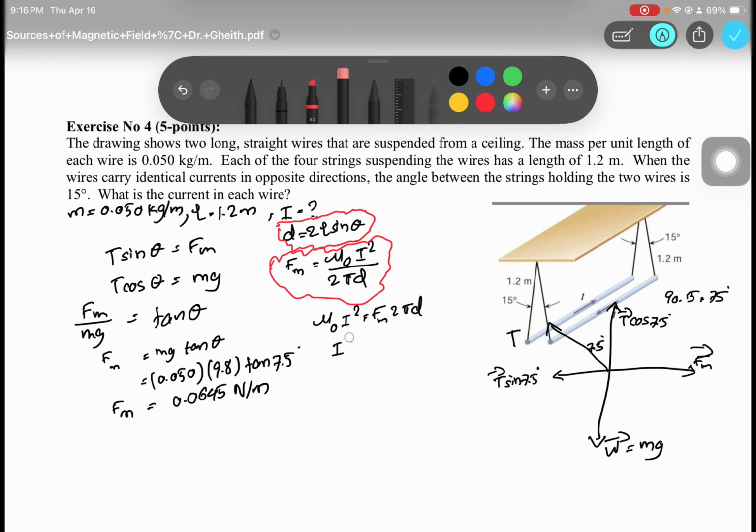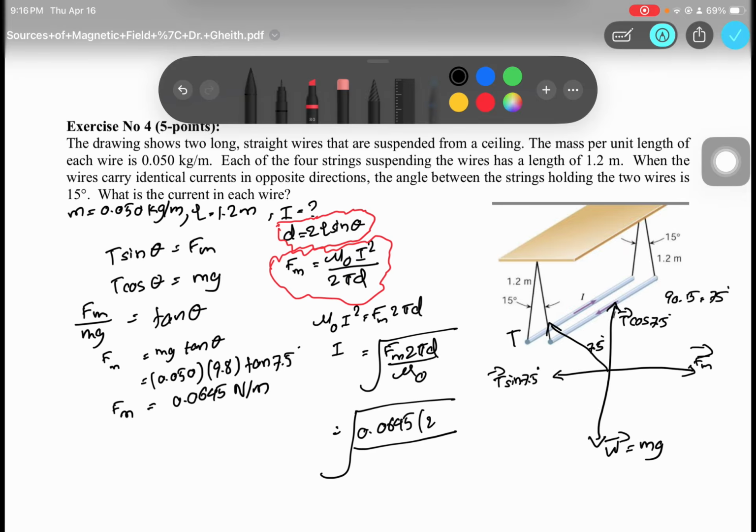So I is equal to the square root of Fm 2 pi d by mu naught. We know Fm is 0.0645, times 2 times 3.14, and d is right here, 2L sine 7.5, with L being 1.2.